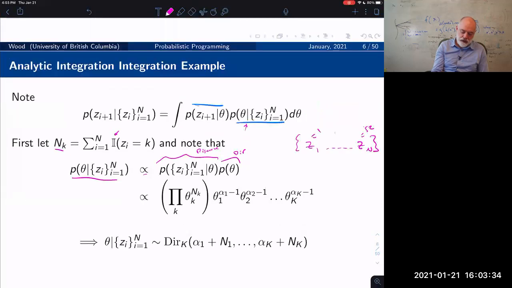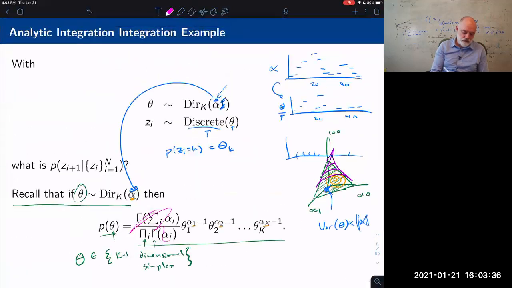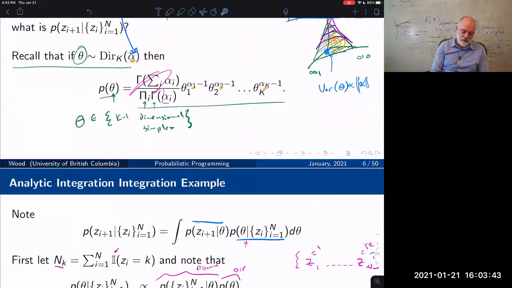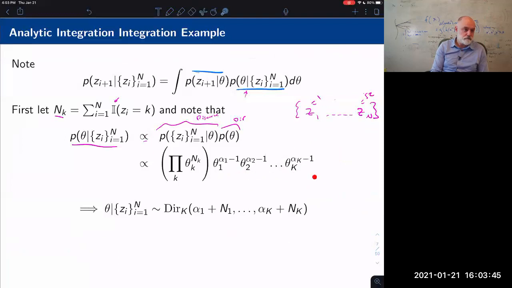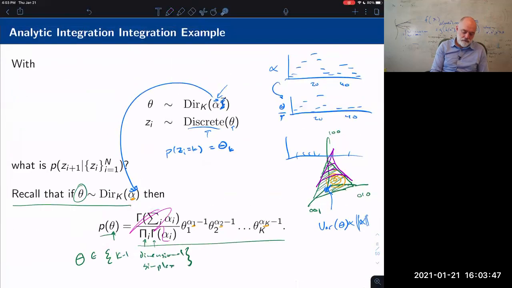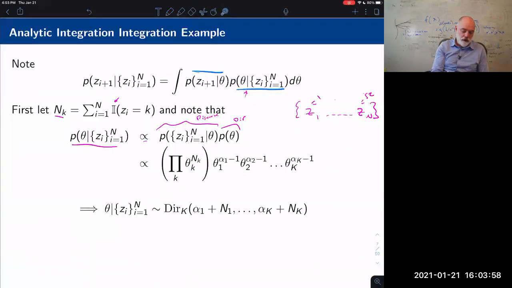If we flip back to the Dirichlet distribution, if we ignore the normalization constant, we have the form of the Dirichlet distribution here. So that's this bit right here. And we have this: P of Zi equals K is theta K. We're going to have as many thetas as there are instances of the word. So for every theta K, we just have as many of them as there are instances of the word, and we just multiply over K rather than multiply a bunch of indicator functions over N.